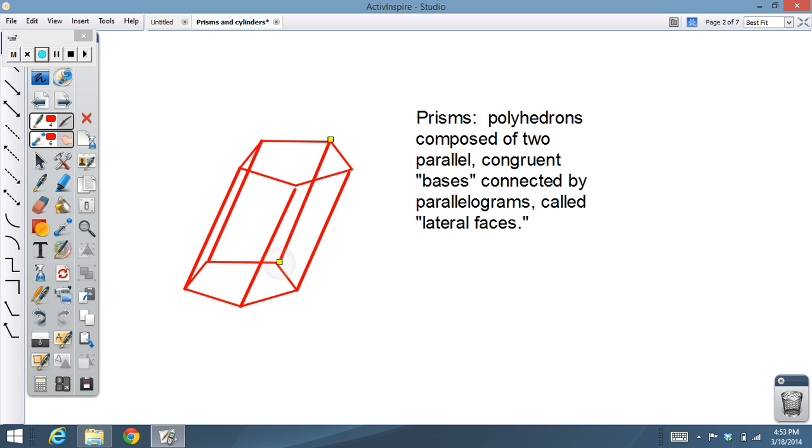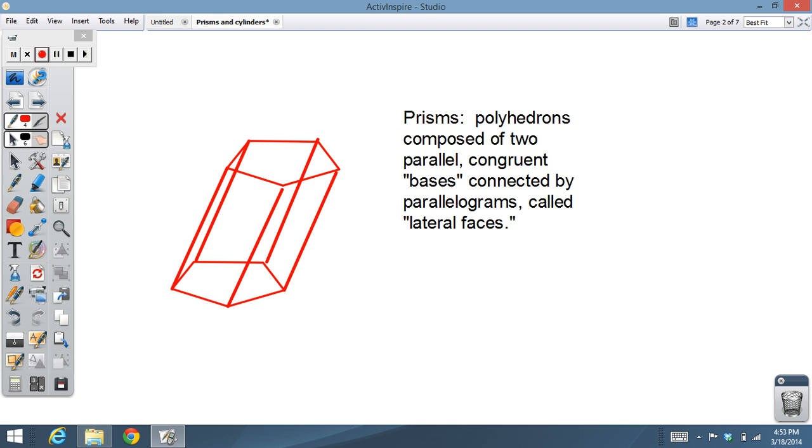Finally connect those. Hopefully my picture is not too terrible, and you can tell that what we've got is a prism with two parallel bases, both pentagons, and then each of these sides made from parallelograms.